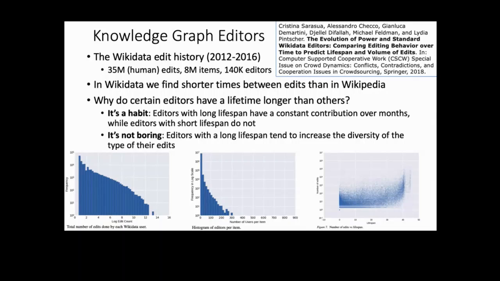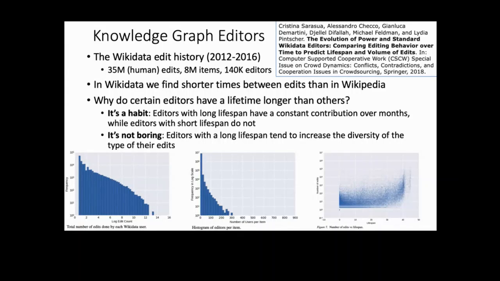Again, let's go back to the bias question. What's the bias issue here? Again, like before, these long lifespan editors will dominate the contribution to the graph. So because they contribute much more than others, like in the previous example, they may create a bias in the type of data present in the graph, right?